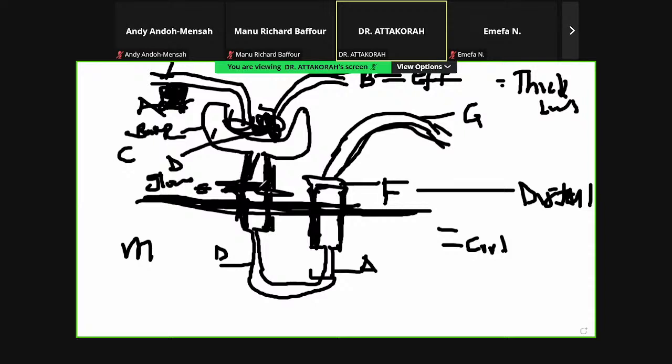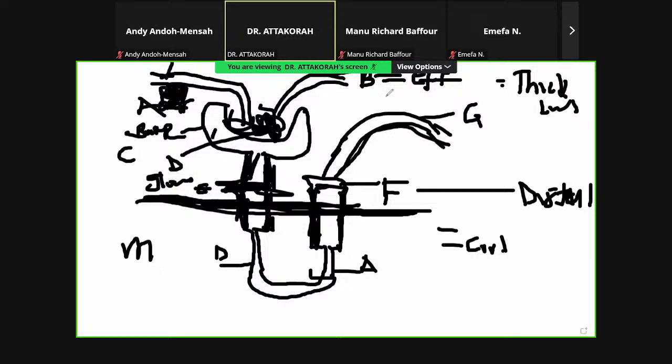And the tubes at the medullary levels are always thin.